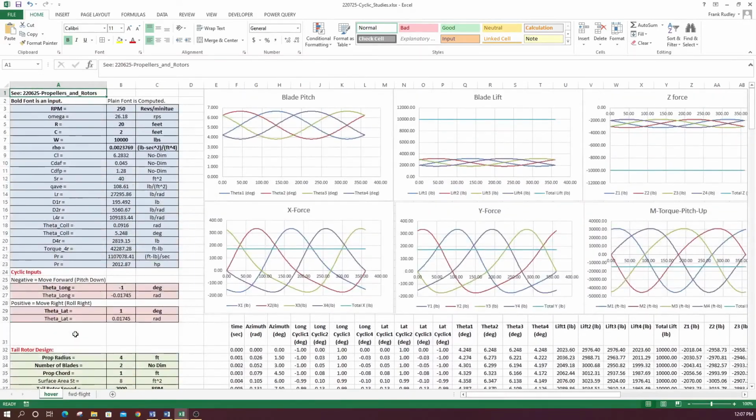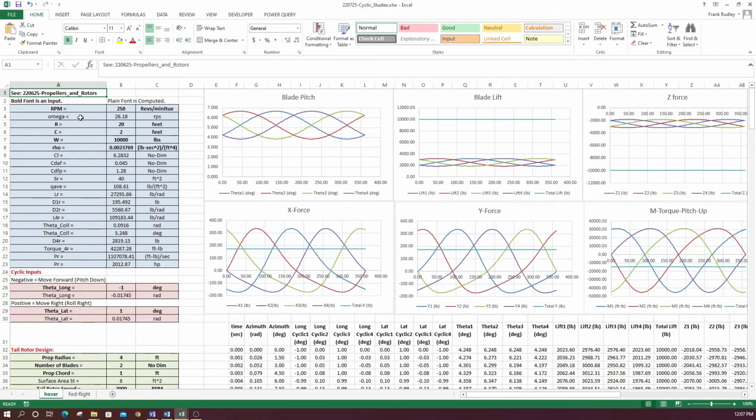In this spreadsheet, we're going to look at a 0 to 360 degree rotation of the main rotor and see how things vary with azimuth of the rotor. The things in bold are inputs, so these are parameters that we can vary. The plain font are things that are computed. So the only things you want to change are the ones in bold.